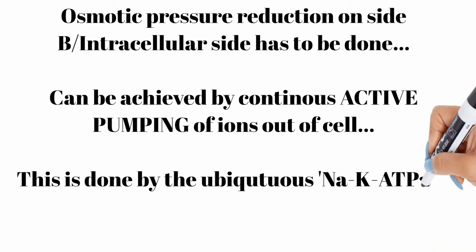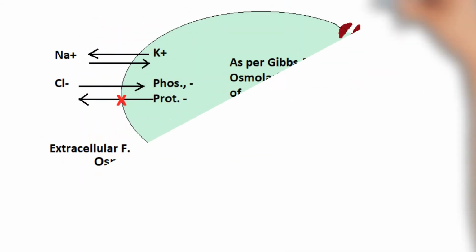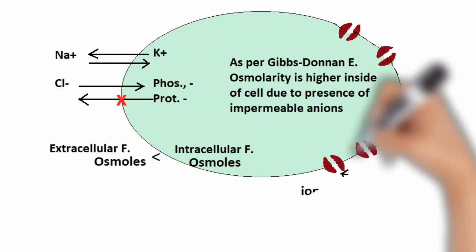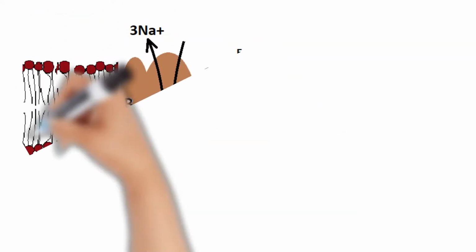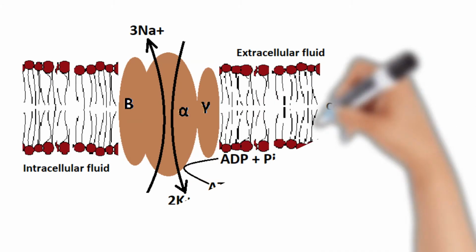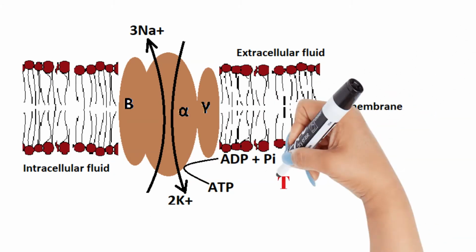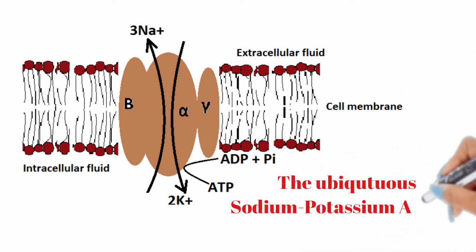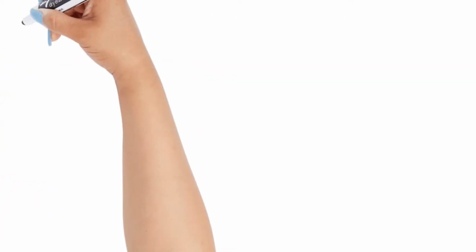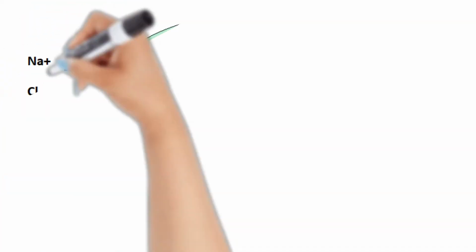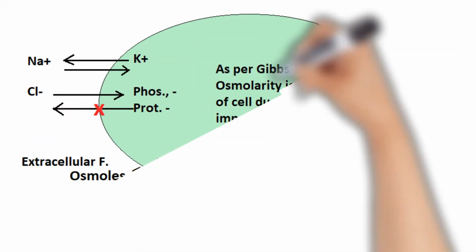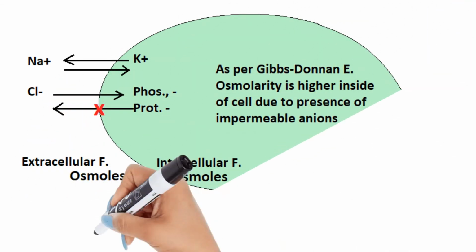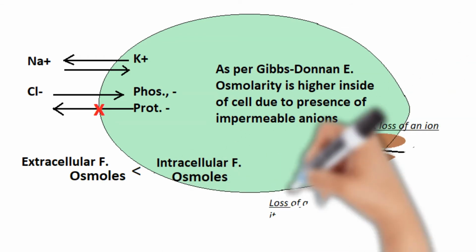Now, this can be done by an active ion pump like the ubiquitous sodium-potassium pump. The pump moves 3 sodium ions out of the cell against 2 potassium ions inside of the cell, both against their respective concentration gradients. Hence, it leads to loss of a cation from the cell. The pump uses ATP and tries to prevent excess buildup of cations on the intracellular side, thereby decreasing osmotic pressure and water osmosis.